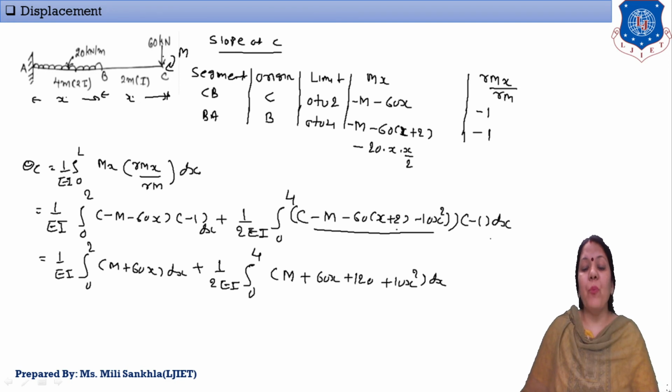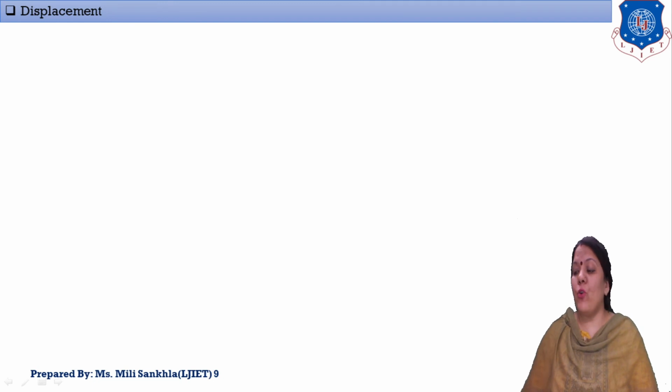Now put here m is equal to 0, because here we assume the moment, and ultimately this value of m is equal to 0, okay. Now next, put the value of m as 0 in this equation and then after our calculation it is equal to theta c.